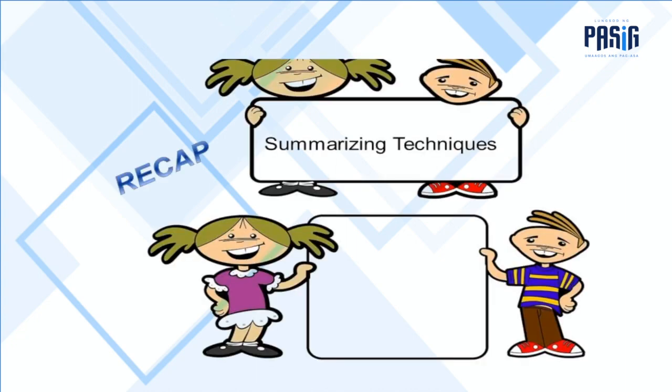We have learned that there are various techniques in summarizing a variety of academic texts. Techniques such as skimming, scanning, and paraphrasing help us in gathering and understanding an information read. When we write an essay or any academic text, we give our opinion or perspective on a certain issue.